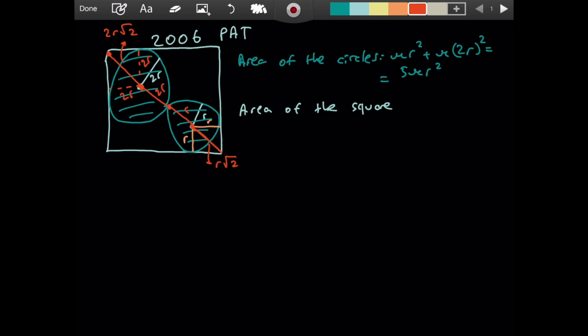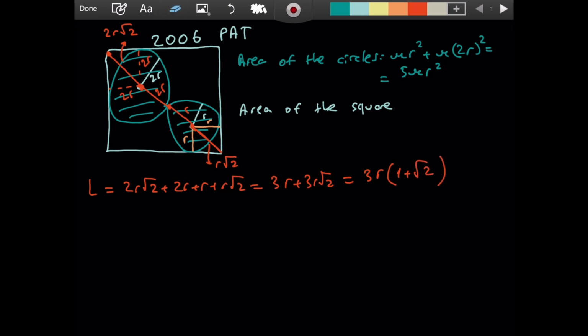Let's call the diagonal length L. We have 2r square root of 2 plus 2r plus r square root of 2. That is just 3r plus 3r square root of 2. So you could just say it is 3r times (1 plus square root of 2).